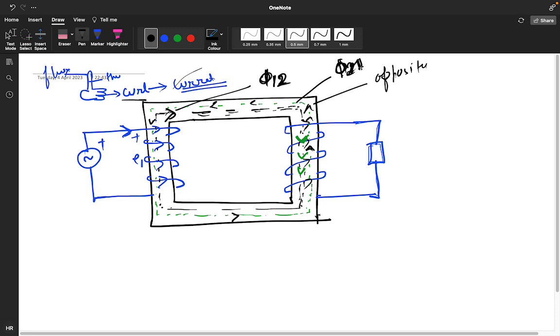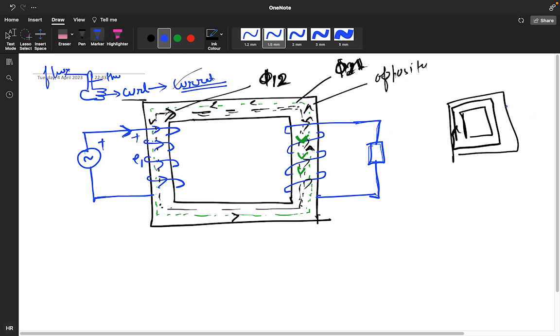Opposite flux means you have a transformer like this. You are getting one flux in this particular direction. Then because of this flux and the number of turns, the opposite flux will be created. And from that opposite flux you have to say what will be the current of this particular loop. Apply the right hand thumb rule.